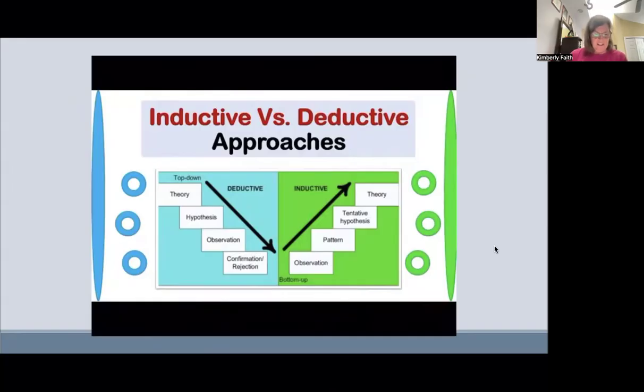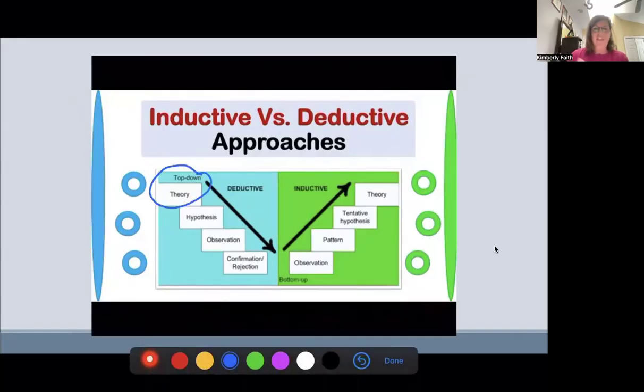So when we talk about deductive reasoning, we have a theory already, like for instance, the cell theory. And then we make some kind of hypothesis, and generally we make that hypothesis after the observation. But then we're literally going to test whether our observation supports or rejects that theory.